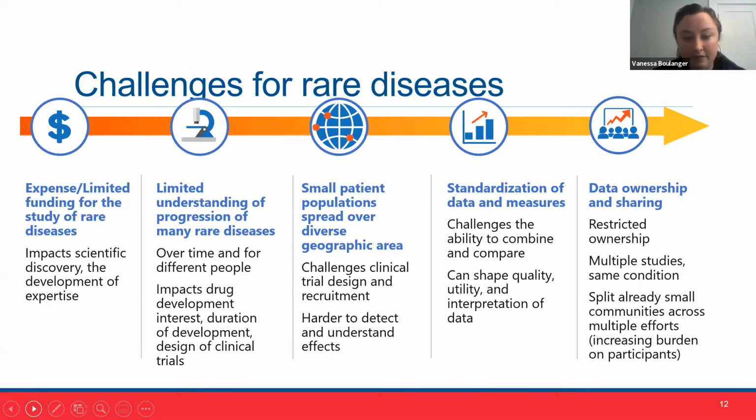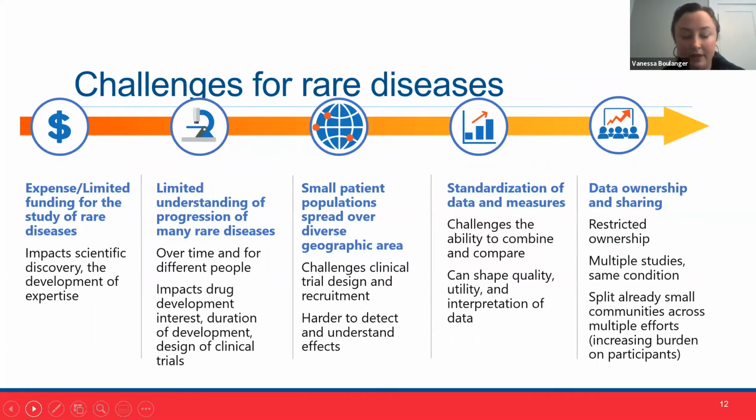And then standardization of measures, so data elements that are common across studies so that the data can be harmonized and compared and analyzed across studies or across diseases, is a challenge across many different areas of scientific study, but in particular for rare diseases as well, where there are very few validated tool sets or measure sets for a lot of these rare conditions. So there's a lot of de novo research happening across these different rare communities.